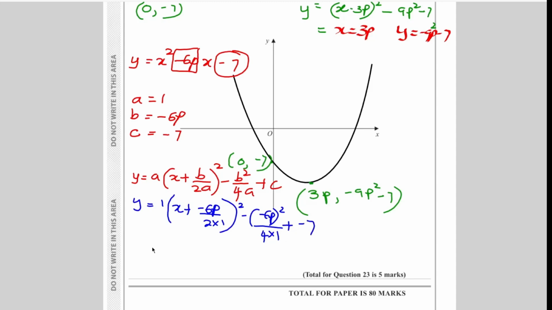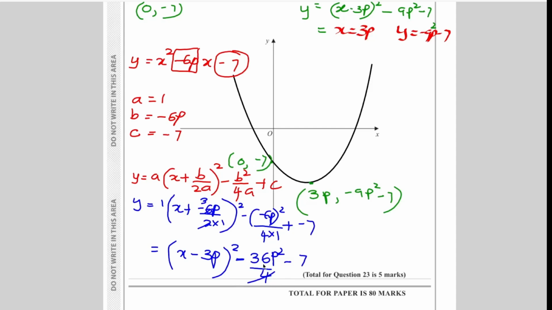Now let's simplify. Here minus 6 over 2 gives minus 3p, so x minus 3p squared. Here we are getting the same thing. When squaring, minus 6 into minus 6 gives plus 36, p into p gives p squared, over 4, and plus into minus gives minus 7.